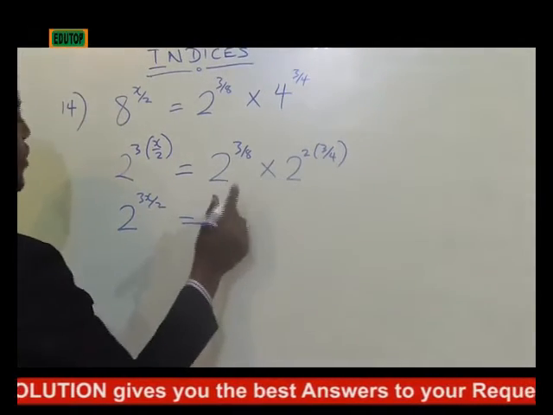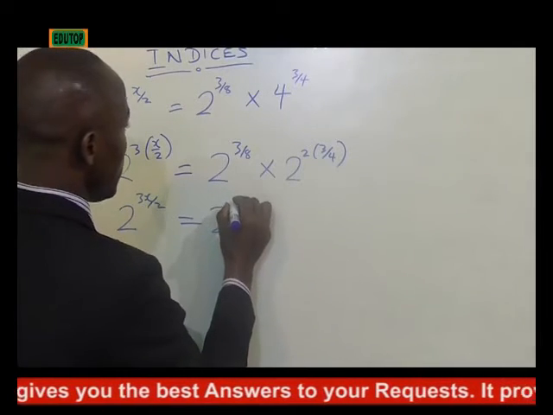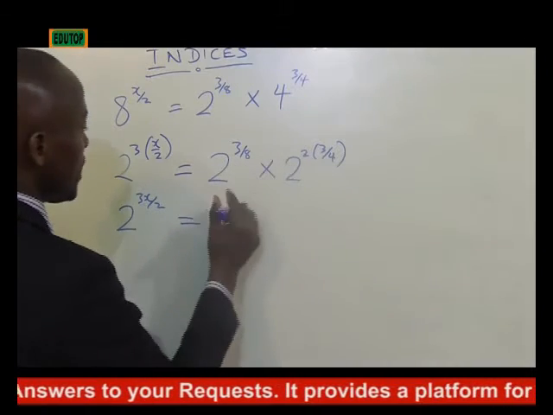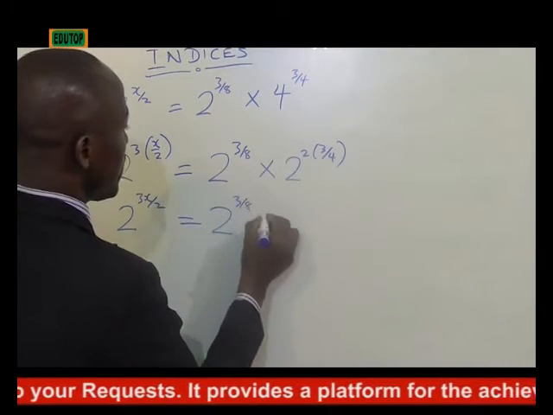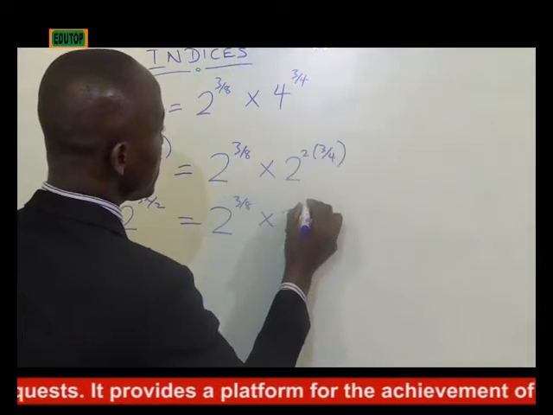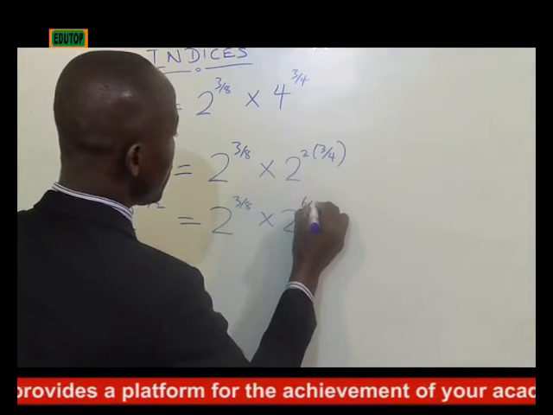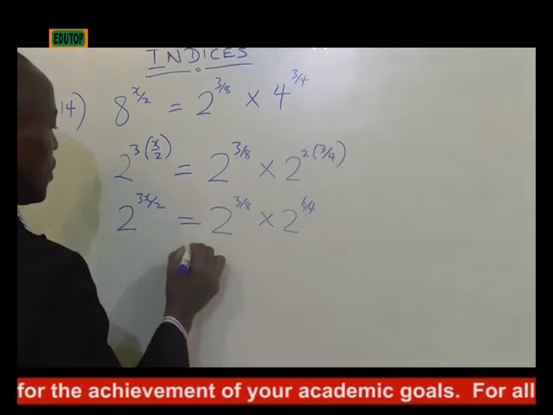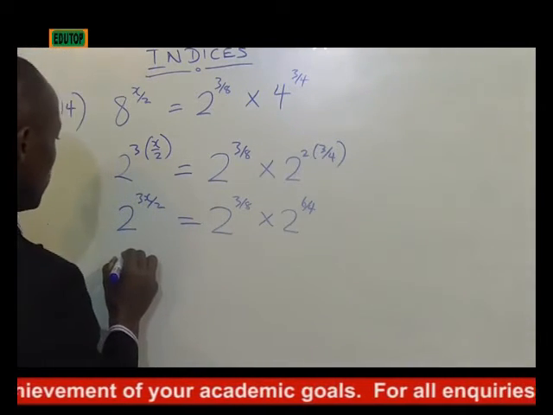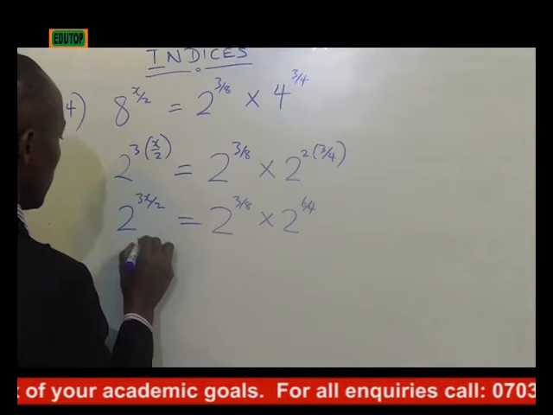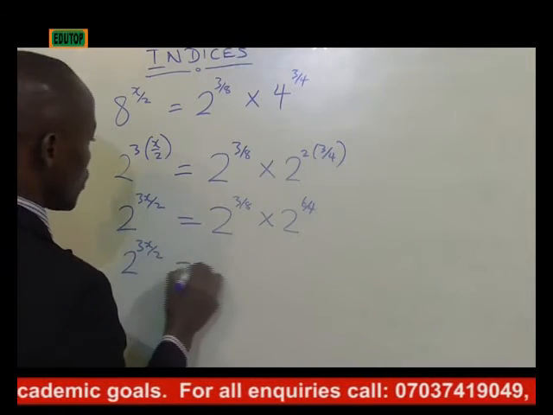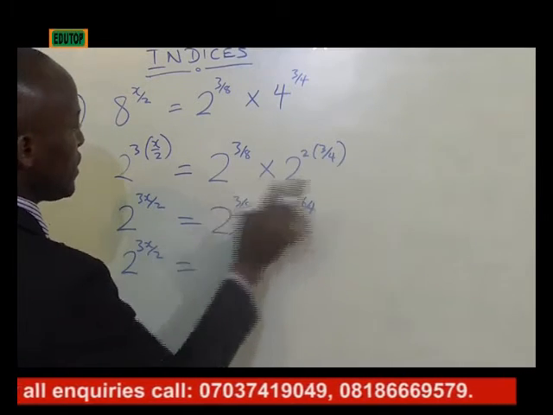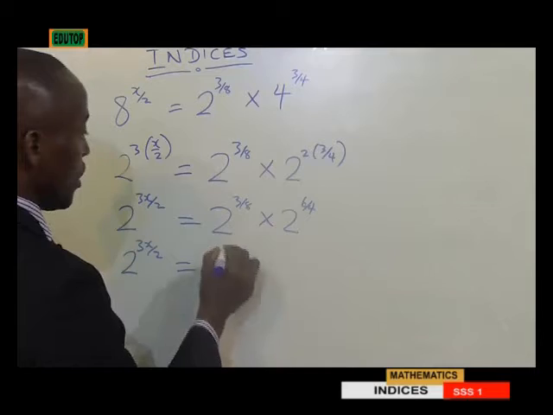Before I actually join this together, we'll be having 3 over 8 times 2, and 2 times 3 over 4, that's 6 over 4. Then 2 raised to power 3x over 2 is equal to 2, and we are still having the same base, so we are adding these powers together.